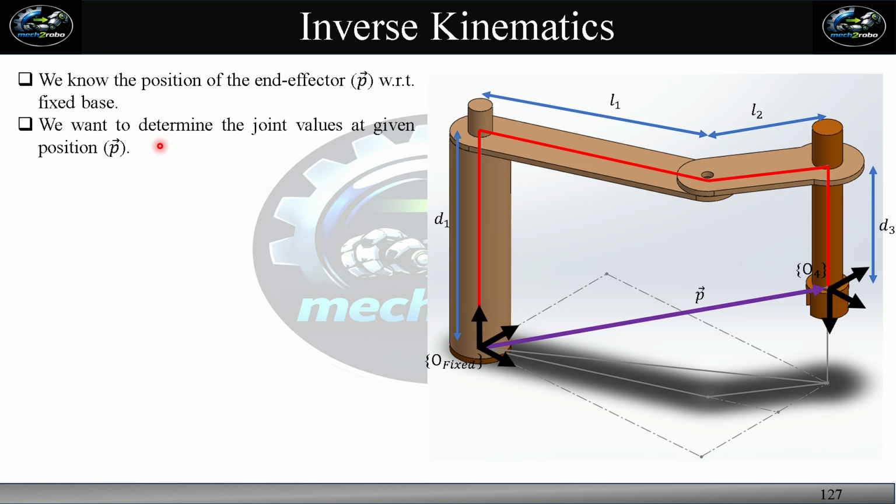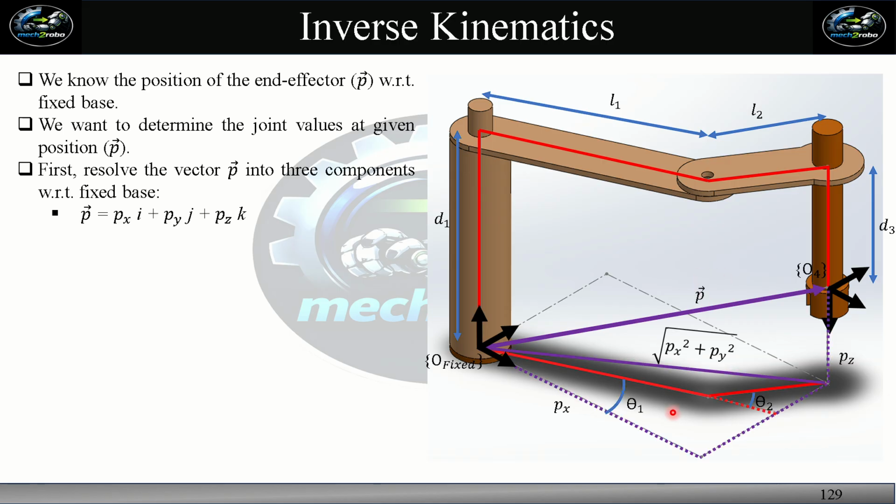And our main task is to determine the joint values, theta 1, theta 2, d3 and theta 4, at the given position of the end effector with respect to the fixed frame.